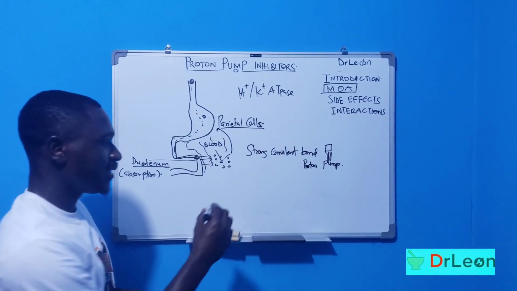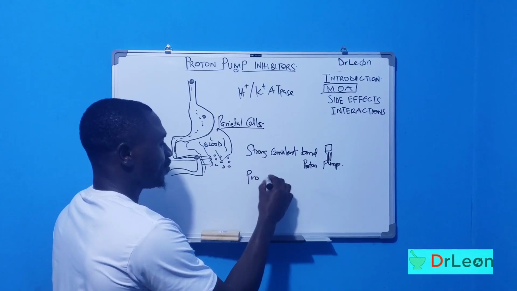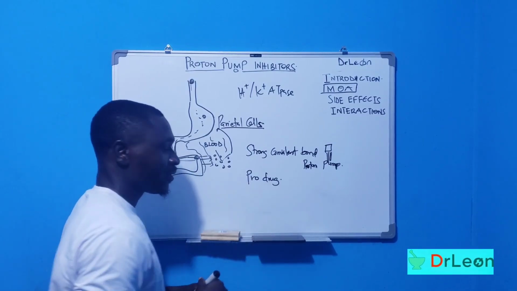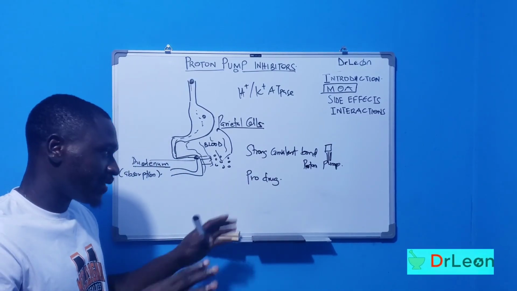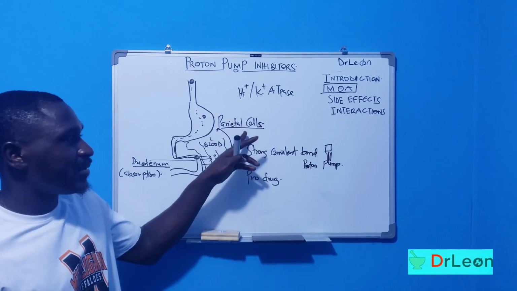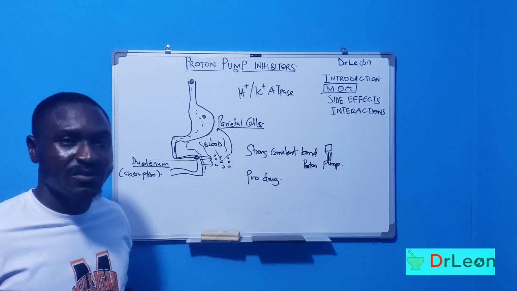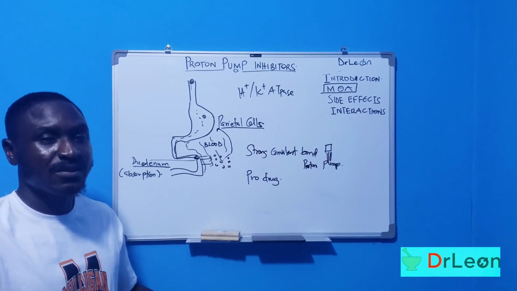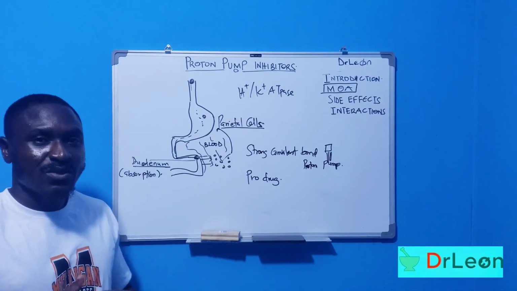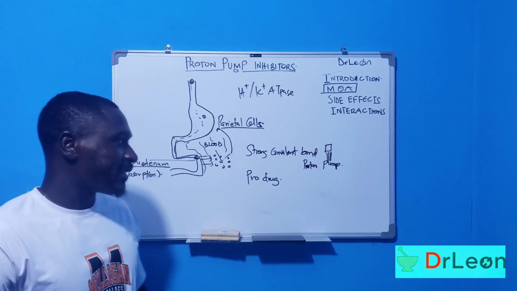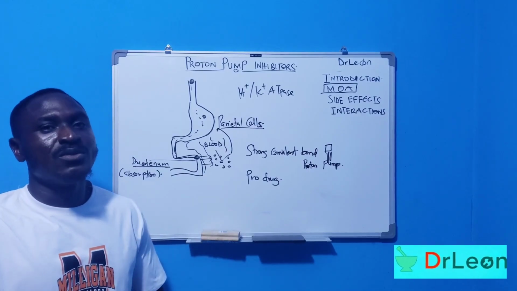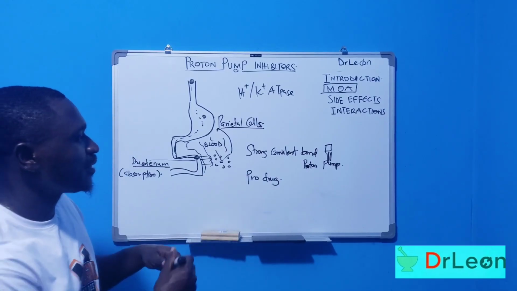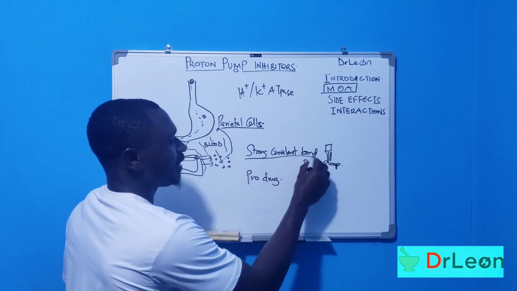First of all, these drugs are prodrugs. So when you take them, they are not active. When they get to the parietal cells, they make use of the acidic environment to be activated to an active form. It is that active form that binds to the proton pump by forming what we call a strong covalent bond.